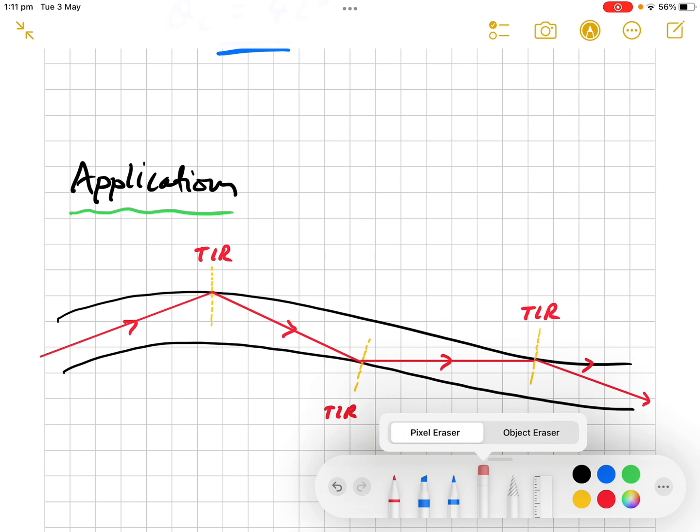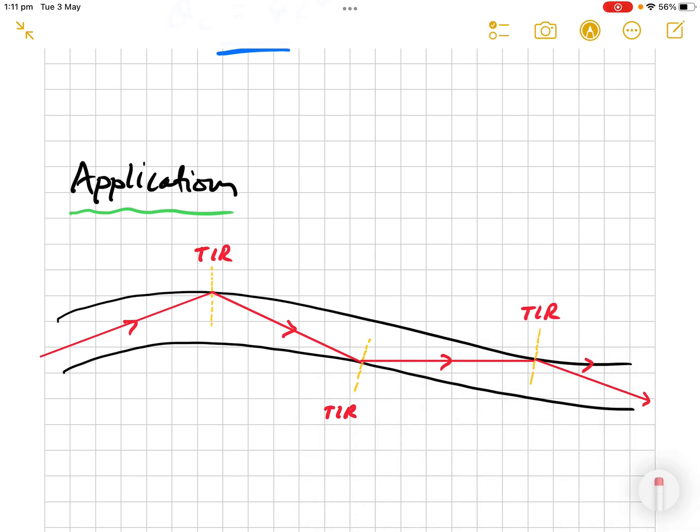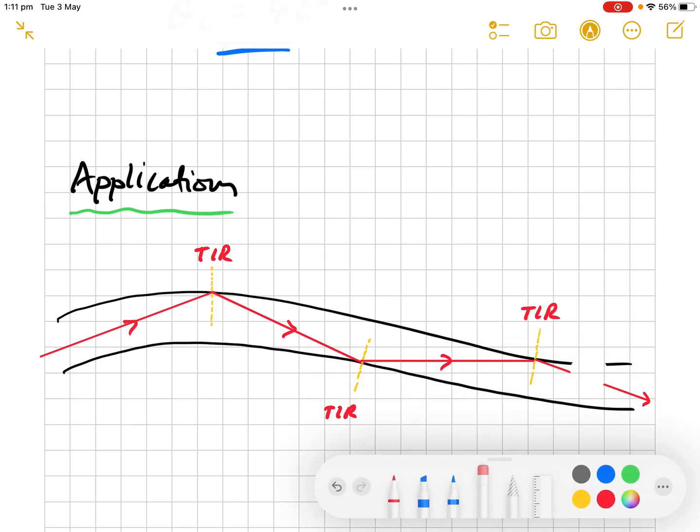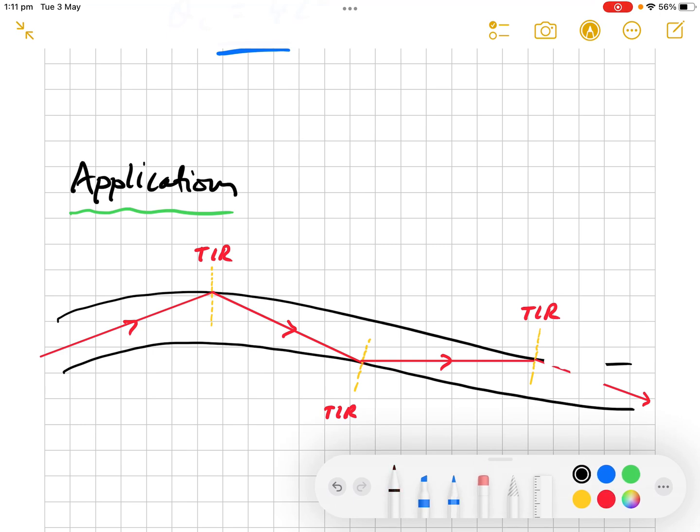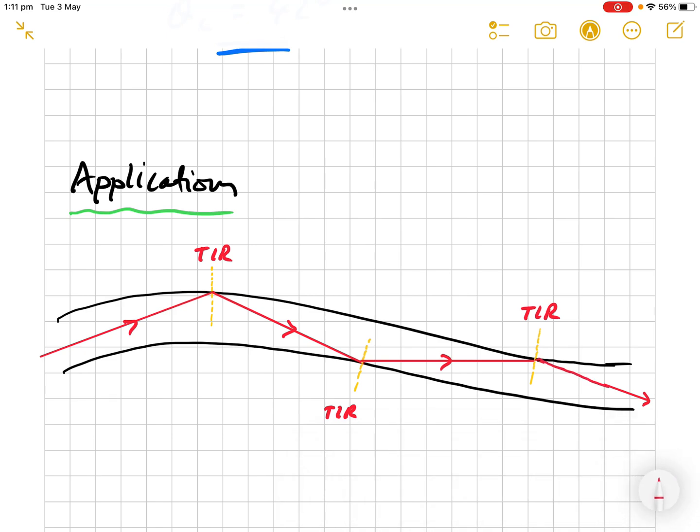Just realised that that arrow is in the wrong place. There we are. So, that's one of the main applications of total internal reflection. And that brings us to the end of 2.6 refraction.